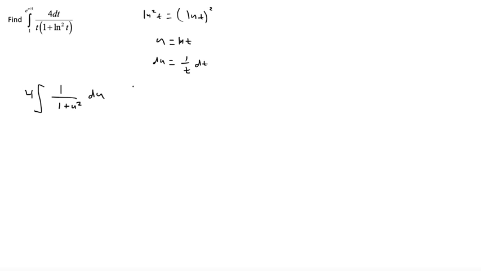So remember, you gotta be careful here. I didn't let u equal 1 plus ln squared of t. If I let u equal 1 plus ln t squared, then that's just going to bring out a whole other thing which we don't want to deal with. Because then du equals 2 ln of t times 1 over t, which is not going to work, because we don't see that extra ln of t here.